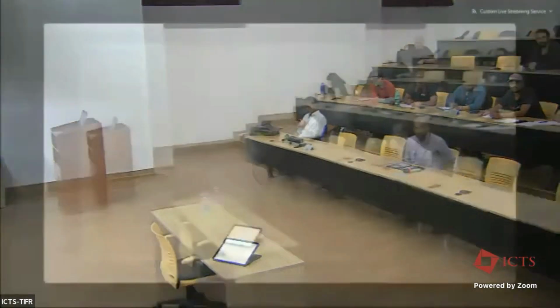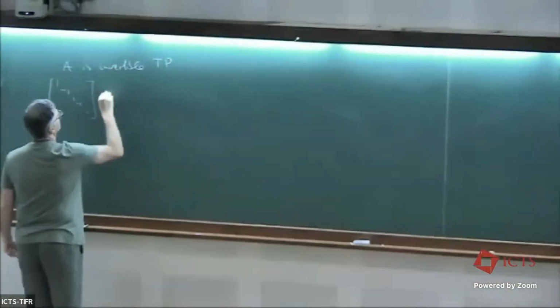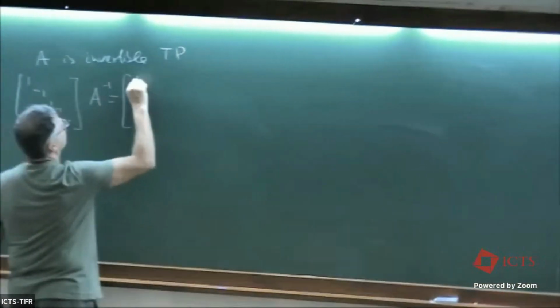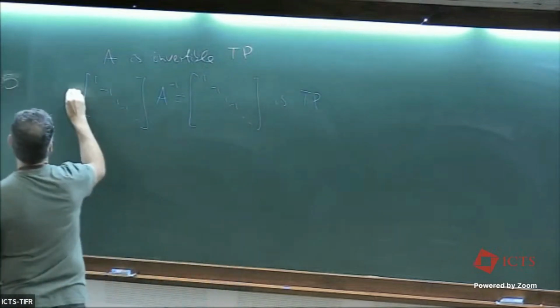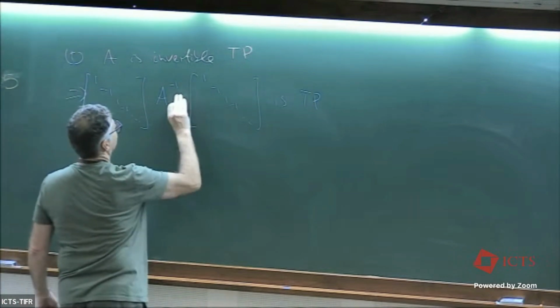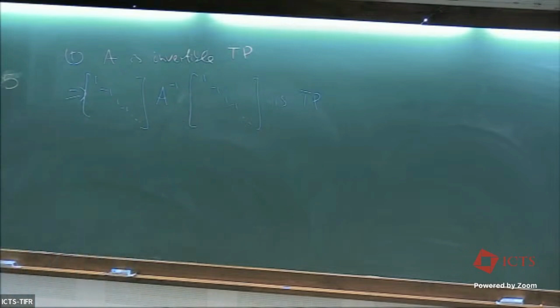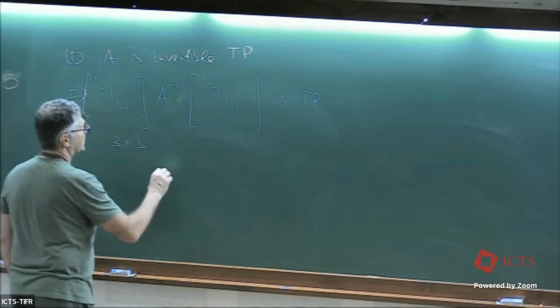I think the first one was: if A is invertible, totally positive, then let me put it this way: the inverse, with the sign pattern 1 minus 1, 1 minus 1, and so on, is also TP. So that was one.